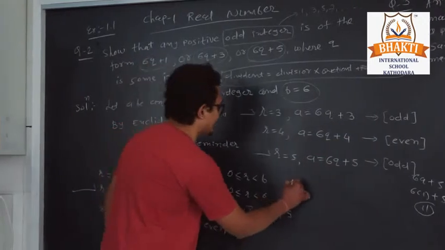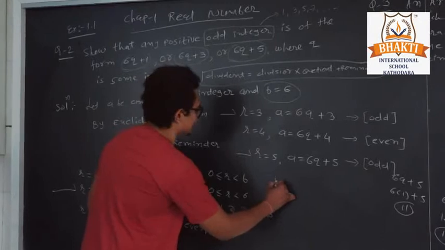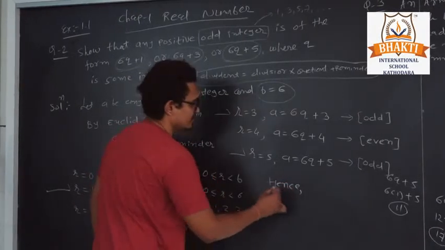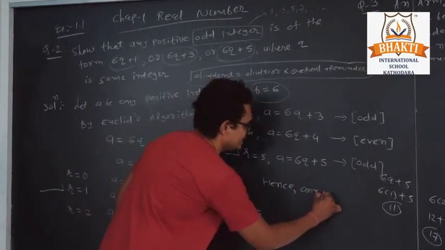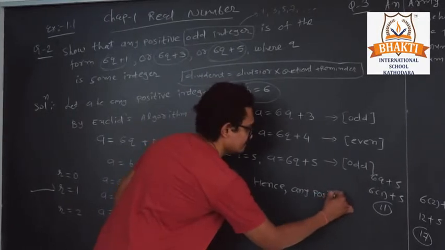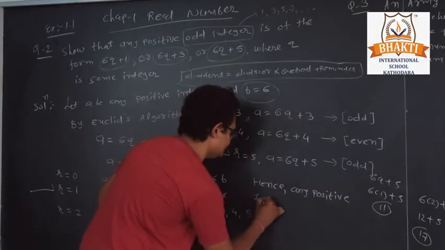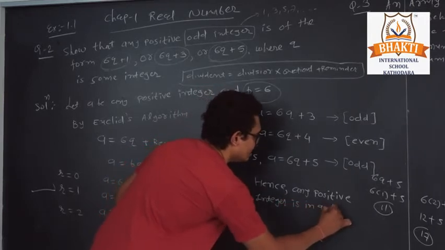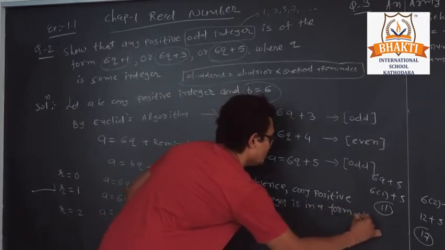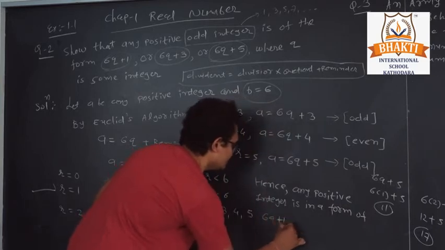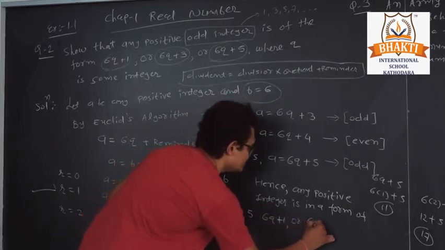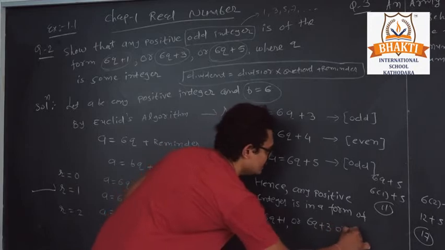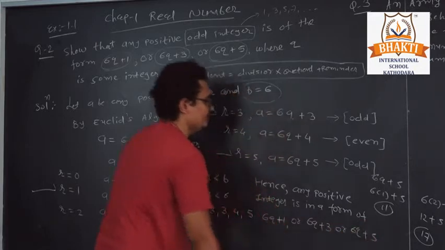So lastly we can write the sentence: hence any positive odd integer is in the form of 6q plus 1 or 6q plus 3 or 6q plus 5.